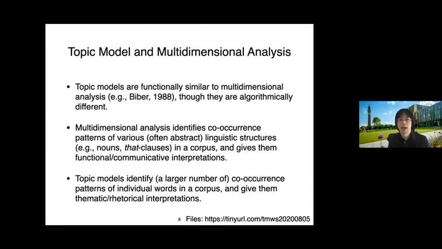So multidimensional analysis identifies co-occurrence patterns of various linguistic features that are often abstract. So something like nouns or that clauses or relative clauses, those things. And then analysts give those co-occurrence patterns functional or communicative interpretations, like informational versus involved.